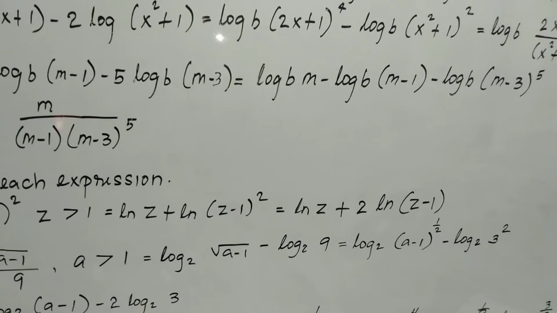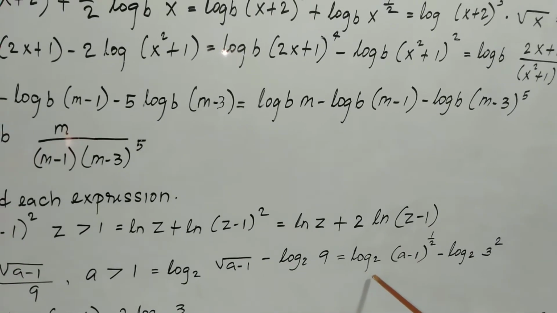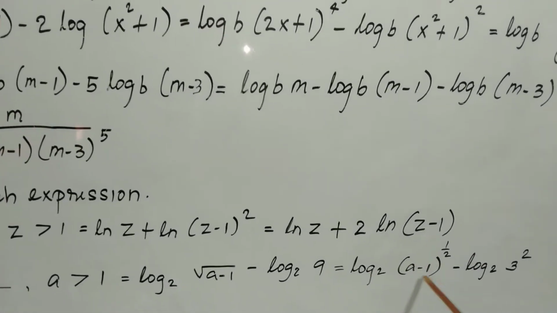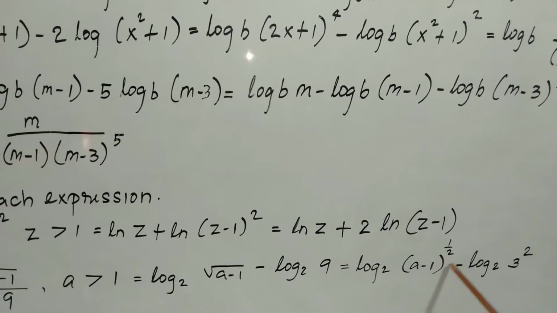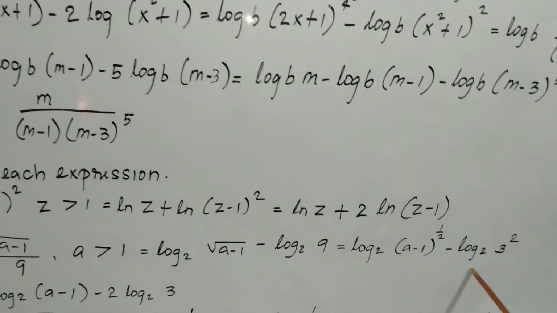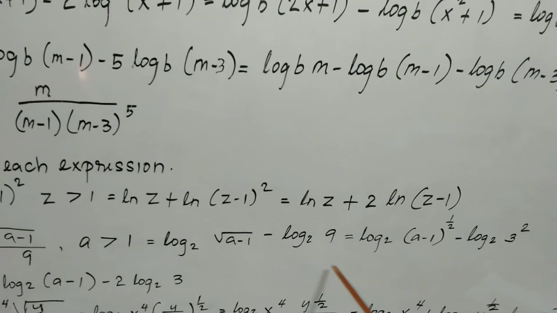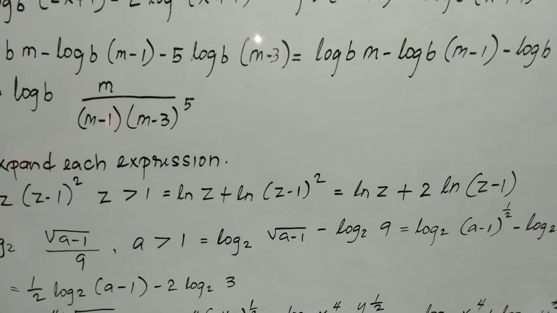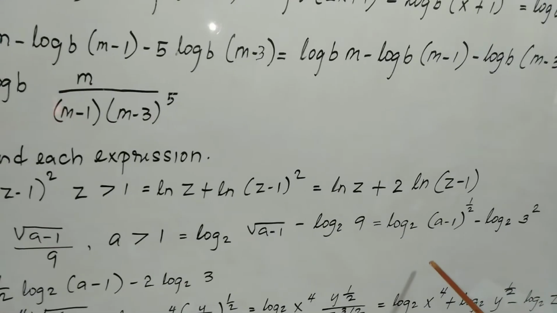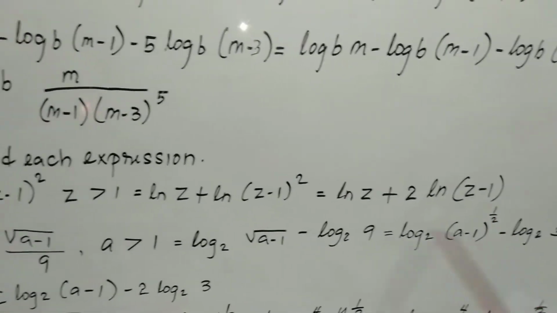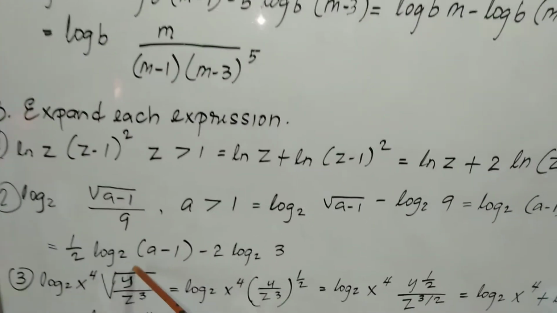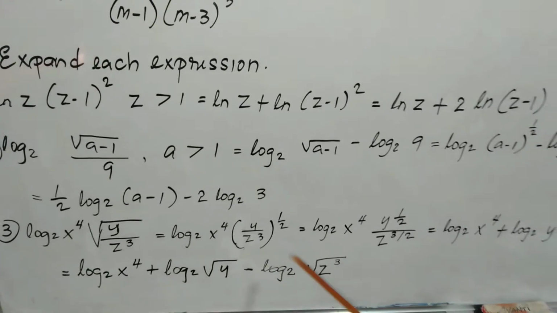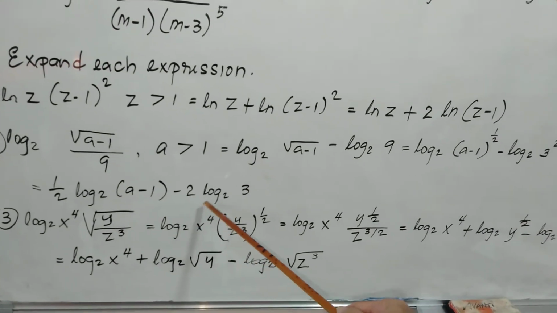So this one we express as a power: logarithm base 2 of a minus 1 raised to 1/2 minus logarithm base 2 of 3 squared. We express this as exponents, then bring down again: 1/2 of logarithm base 2 of a minus 1 minus, bring down the exponent 2 of 3, 2 logarithm base 2 of 3.